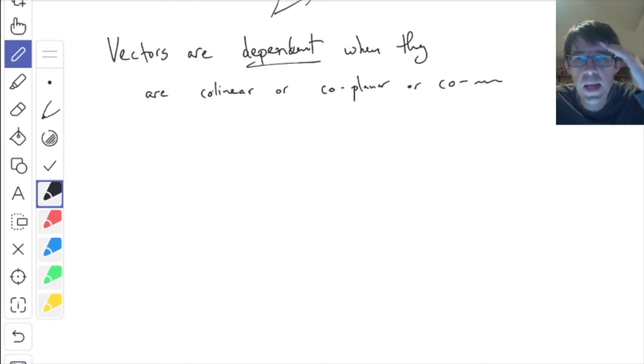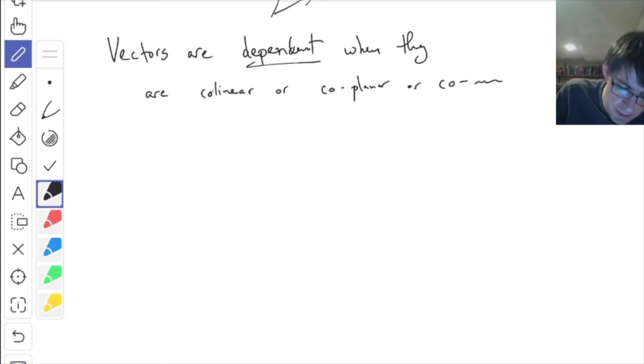Dependent means maybe you have two vectors but they already lie in the same line, or maybe you have three vectors but they all lie in the same plane. That's called linearly dependent. And the reason it's called dependent is because in such a situation you can actually make one as a combination of the others, as a linear combination of the others.